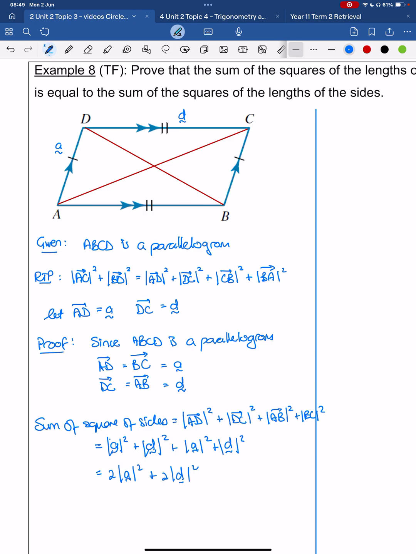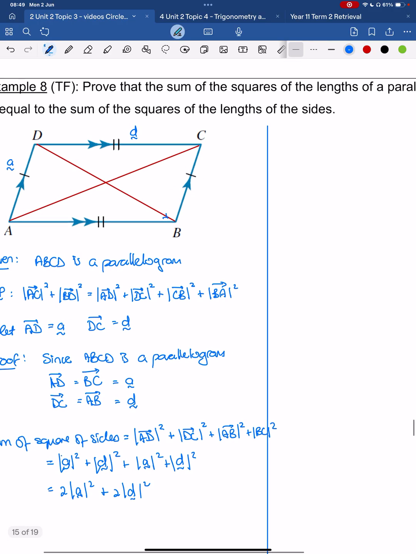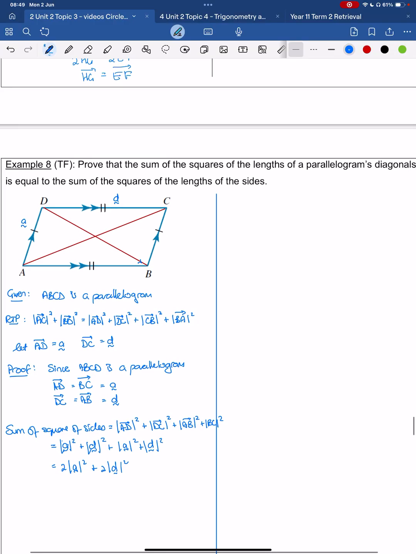Okay, now if I have a look at my diagonal DB, if I want to go from D to B, I'm going to go from D to C and then C to B, either way around. I'm going to do it here on the right hand side so we can see.